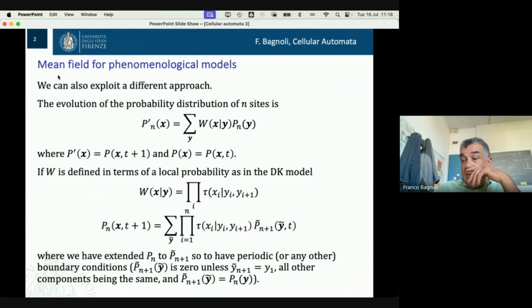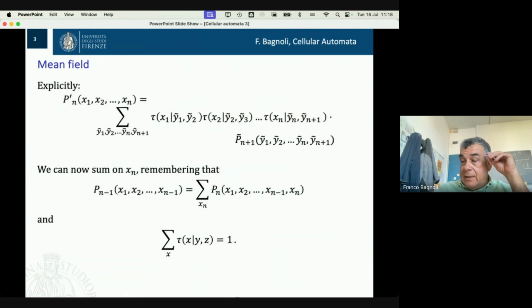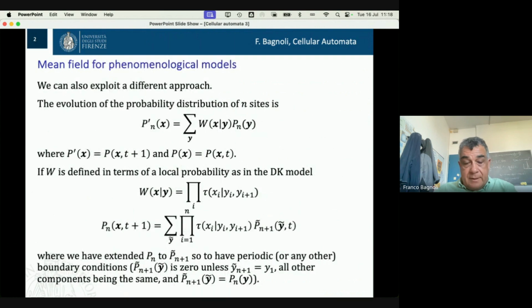So, for instance, to extend the idea of mean field that we have formulated for the Ising model, so for an equilibrium model, to a general phenomenological model. I mean, phenomenological means that it is defined by a Markov process.